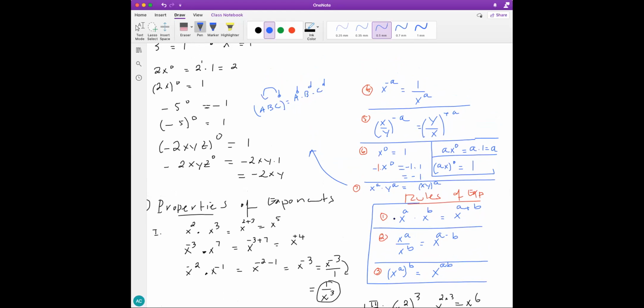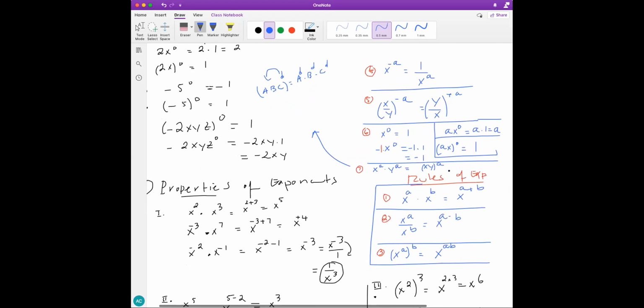I know it was a bunch of rules. I understand that. Just make sure you go over this as many times as possible. Make sure you understand all the rules and how to use them. They're not that hard to use, and not that hard to actually understand. So just make sure you know the difference between each one of them here. Know when to add, when to subtract, when to multiply, and so on.